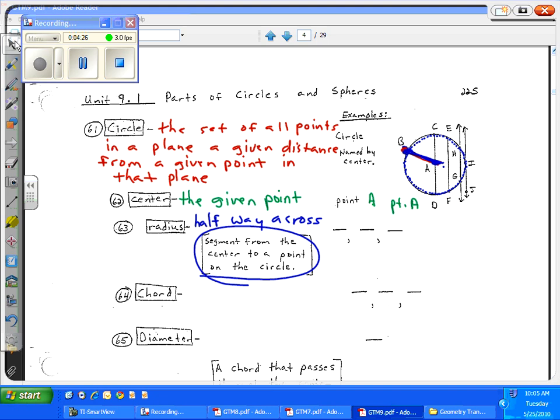It is that given distance that we talked about, or we can say it's a segment from the center to a point on the circle. The more formal definition, a segment from the center to a point on the circle, or the way we use it as we're calculating, it's halfway across the circle.